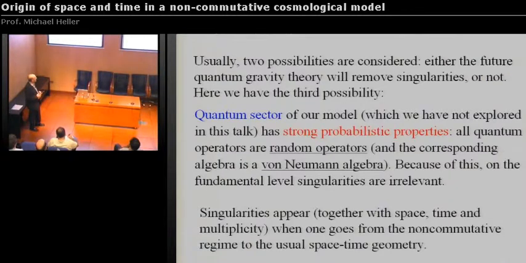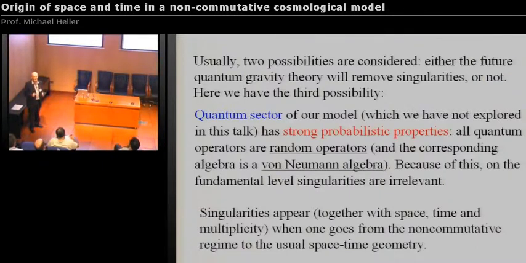But only when we go from the non-commutative regime to the macroscopic physics, then this process can also be studied in detail. Then space appears, time appears, matter appears, and also singularities become more significant.